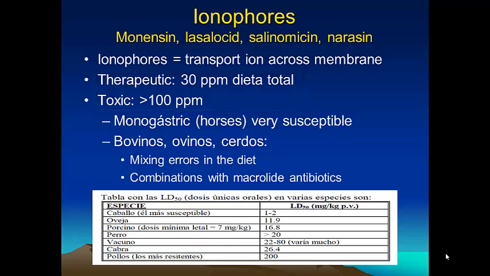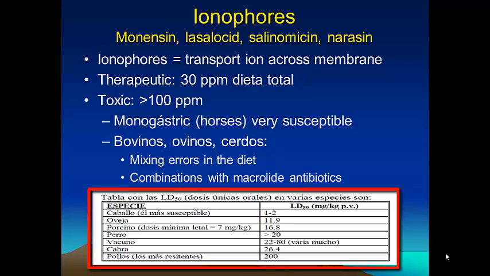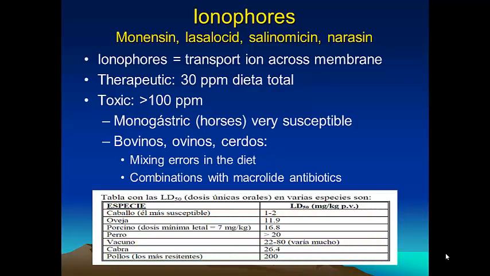If you look at the table below, there is a very wide variation in susceptibility between species, with cattle being the most resistant after chickens, and horses being the most susceptible. So this is one reason why you will see quite a few cases in horses. Companies that make feeds for cattle and horses sometimes made mistakes in labeling, or switching one feed intended for one species to another.